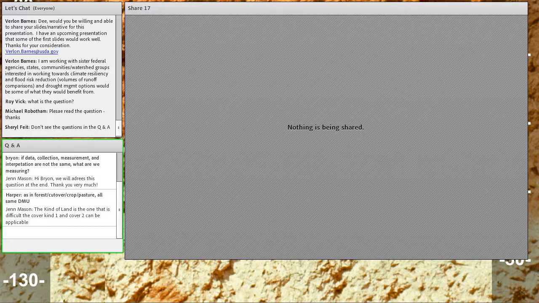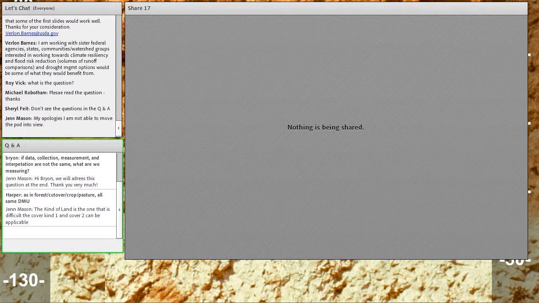Yeah, I was wondering if Brian's question was related more to different soil potentials, if that was where he was coming from. It may be, and part of the way we're thinking of it, and I'm trying to work on something related to this right now, is the idea that there's a reference condition for dynamic soil properties, just like there's a reference condition for ecological sites and vegetation dynamics.